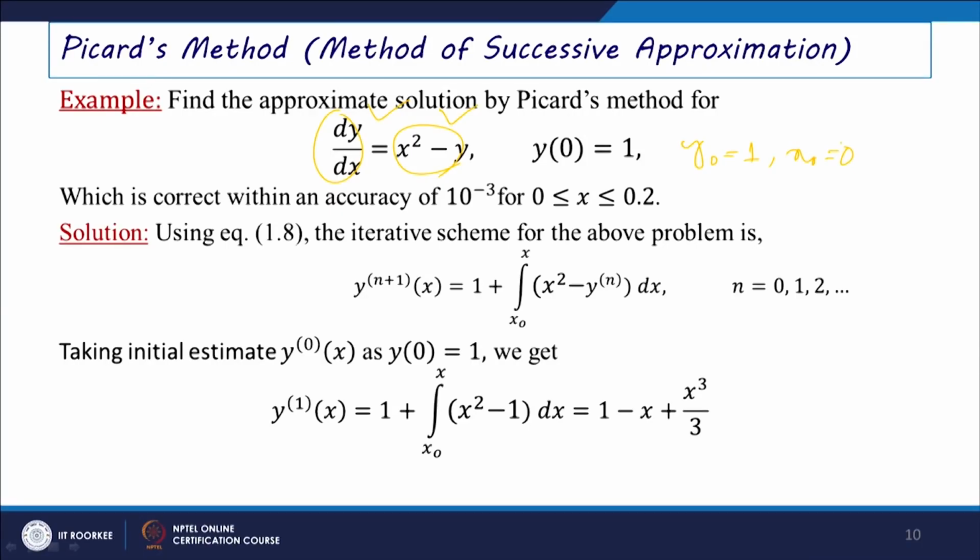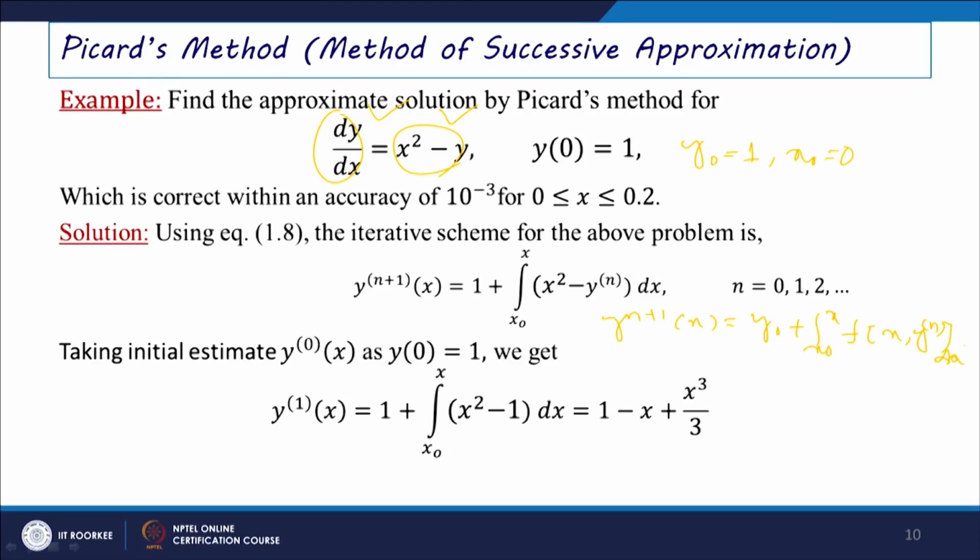And this formulation I have discussed in the previous slide, that we can write the n plus 1th iterated step as y to the power n plus 1. This can be written as y n plus 1 of x equals y naught plus the integral from x naught to x of f of x, y power n, dx.